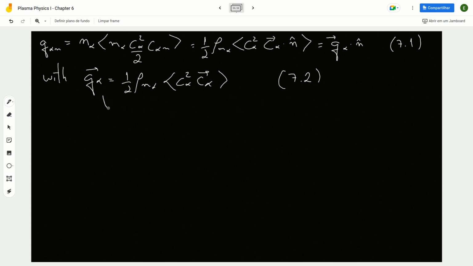This is the heat flow vector. Might be useful for you.